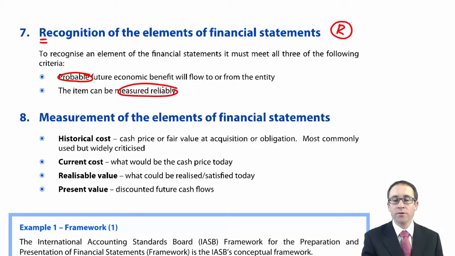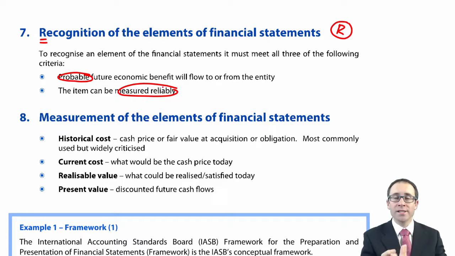In terms of probable future economic benefit, we're saying that it will be more likely than not that there will be an inflow, or more likely than not that there will be an outflow. So when we come to F2, we start to look at provisions, which start to look at a liability, whether or not we can recognize that liability within the financial statements. From an F1 perspective, again, when we look at intangibles, you can only recognize an intangible provided that you can measure it reliably.